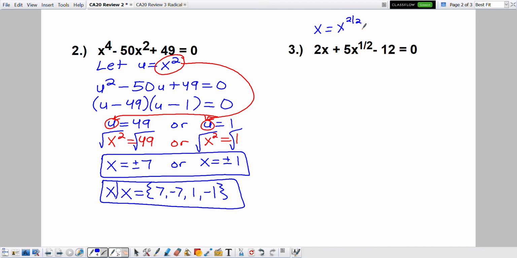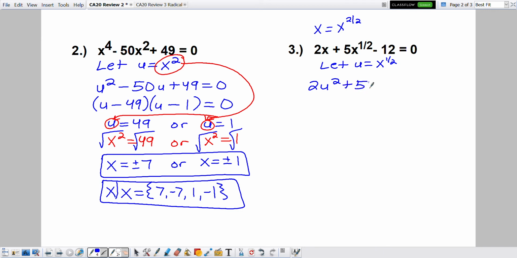So if I were to do this, I would let u equal x to the 1/2 power. And you know that x to the first power is twice as big of an exponent as x to the 1/2 power. And so for the same reason as before, this is u squared, because you take the 1/2 exponent, you double it, and you get just x.